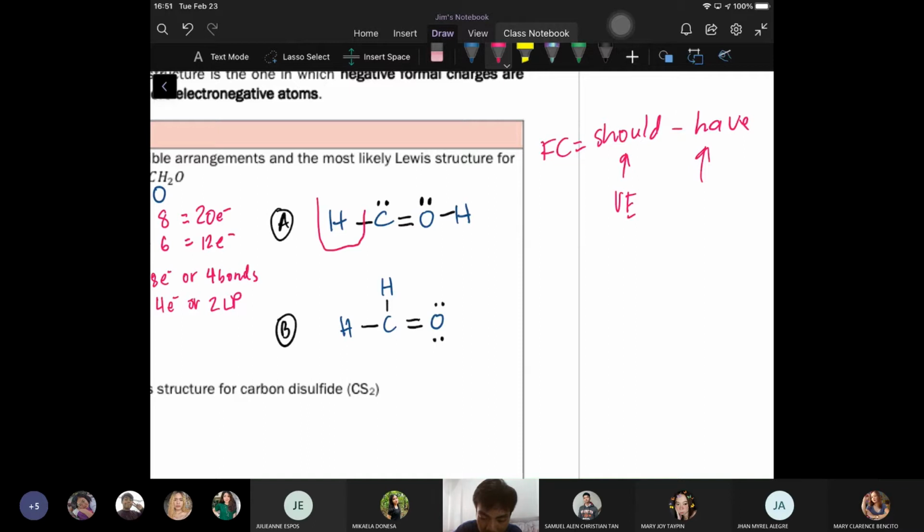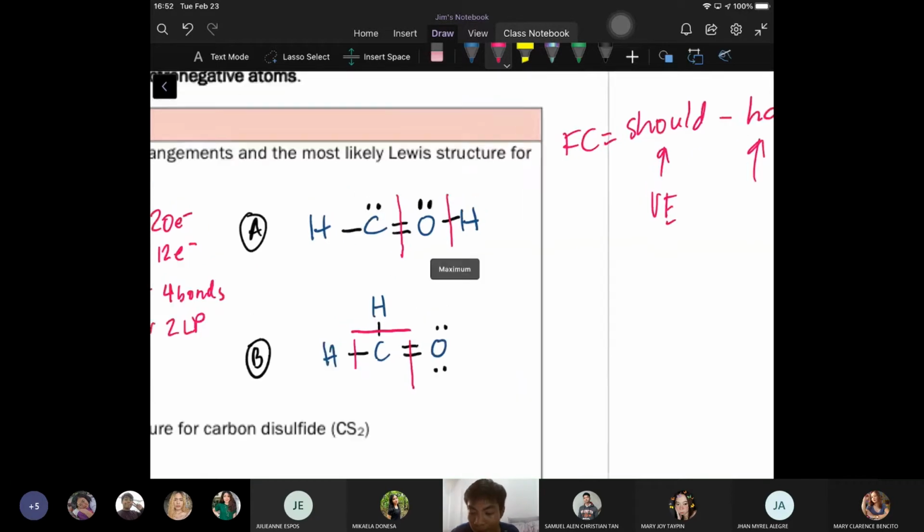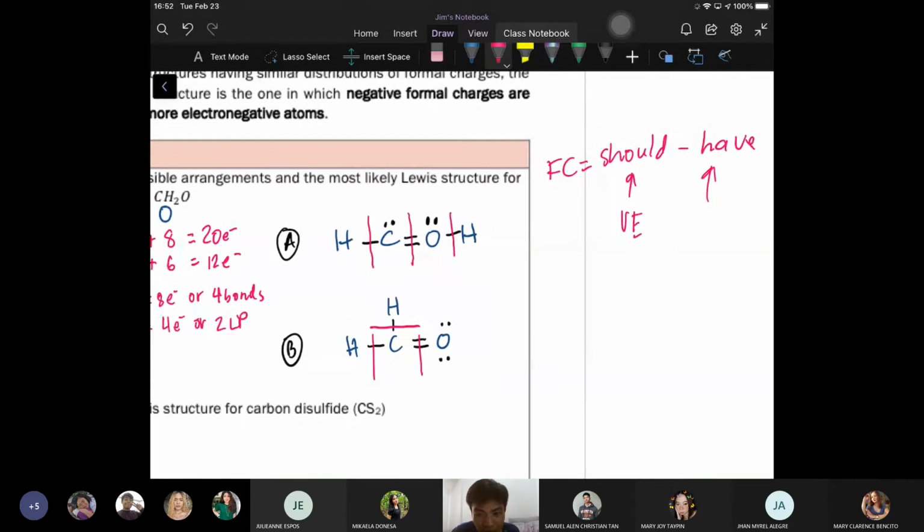Okay, so let us draw imaginary boxes, cutting the chemical bonds. No, ayan. Okay, so ganito na lang. Ayan. So ayan, so kinat ko na yung chemical bonds. What's the purpose?